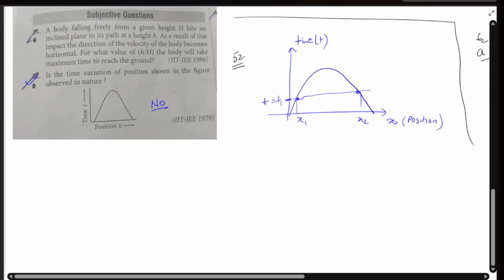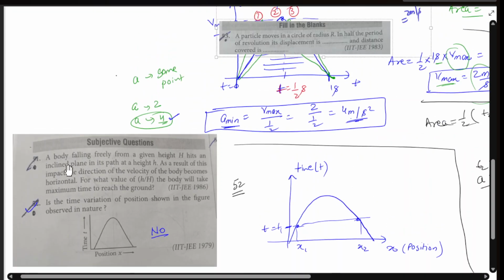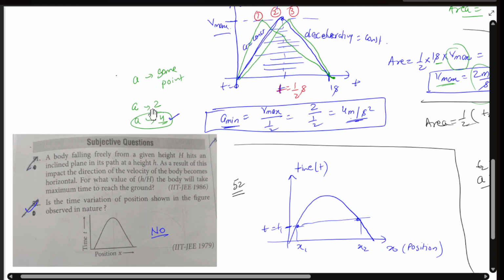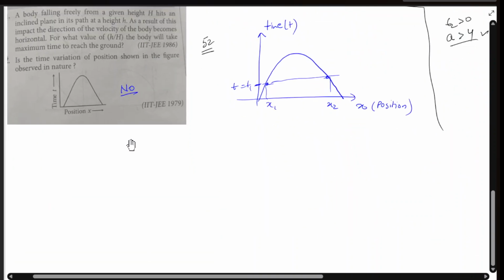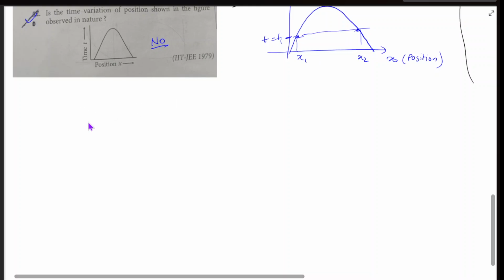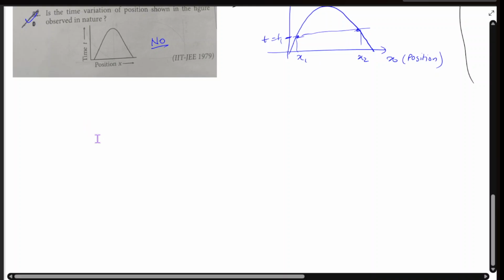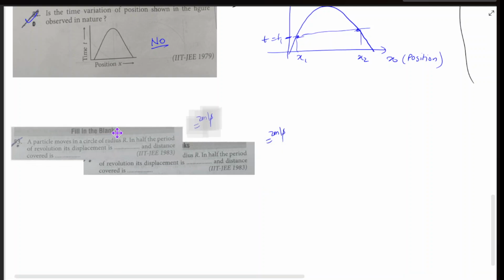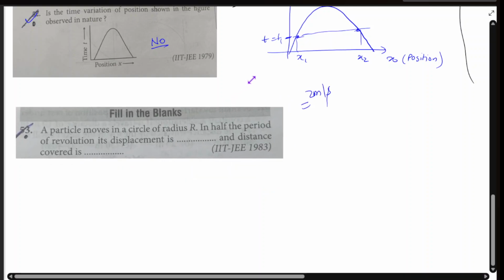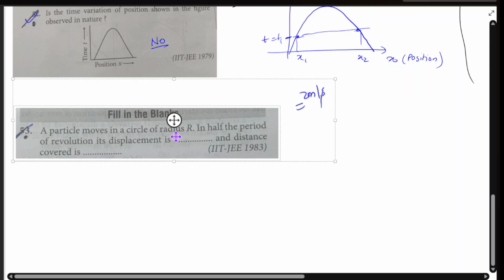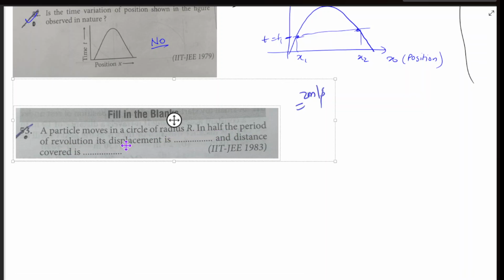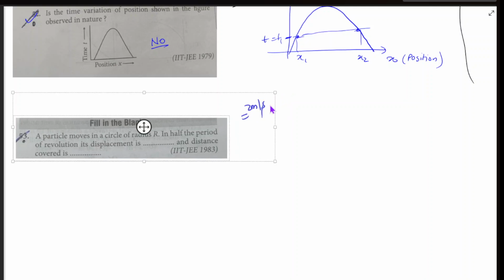So what does this question say? A particle moves in a circle of radius r in half the period of revolution. Its displacement is... Okay, so that is an easy question, right?